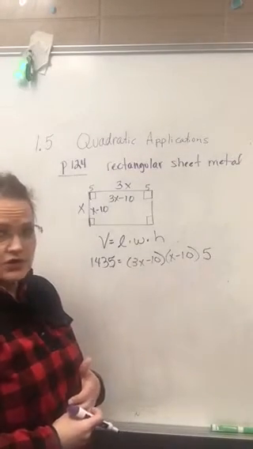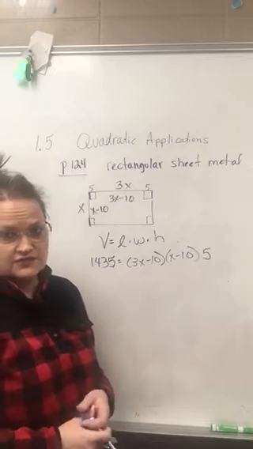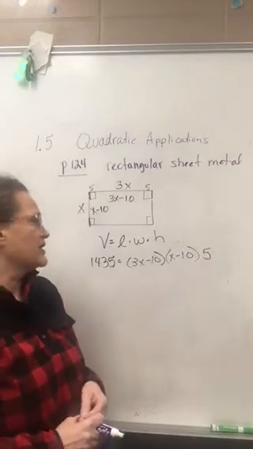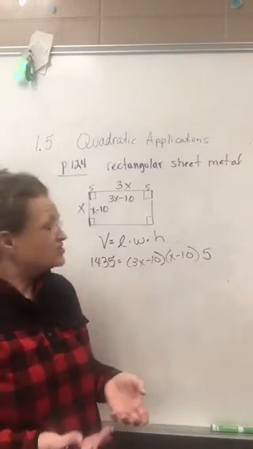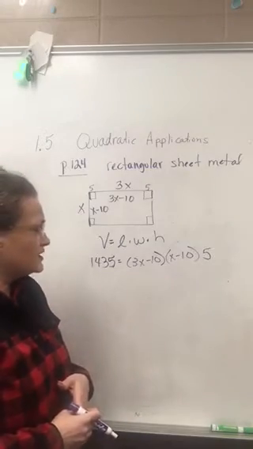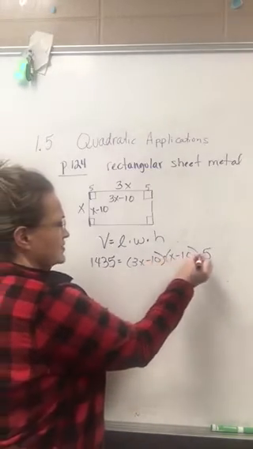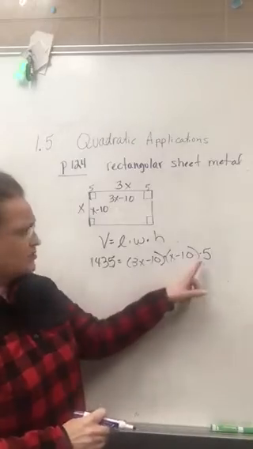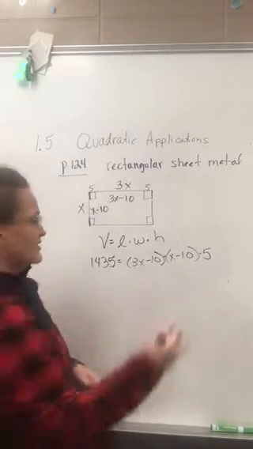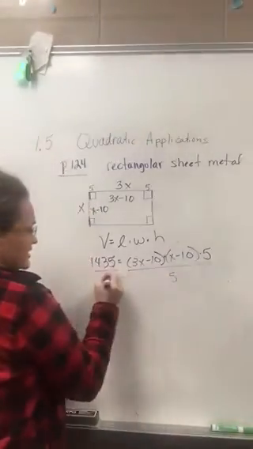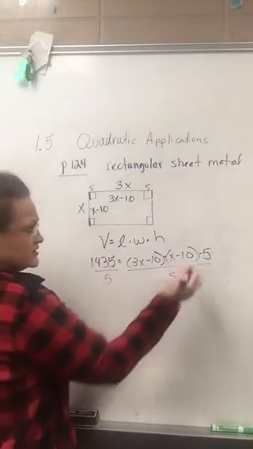So it is going to be a quadratic equation, as all the things on this first section 1.5 will be. So you want to try to do any tricks you know to make it easier to solve. And one thing we can do on this one is, because these are all multiplied together, we can divide out the 5. The 5 will divide evenly into this other side, and that'll reduce it down nicely.